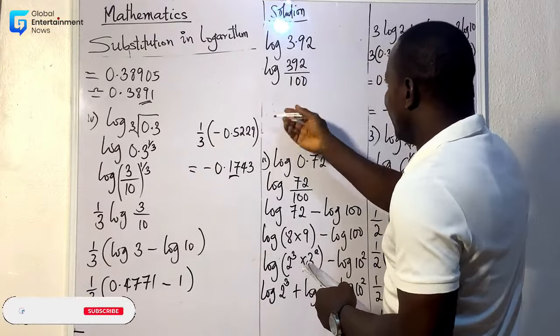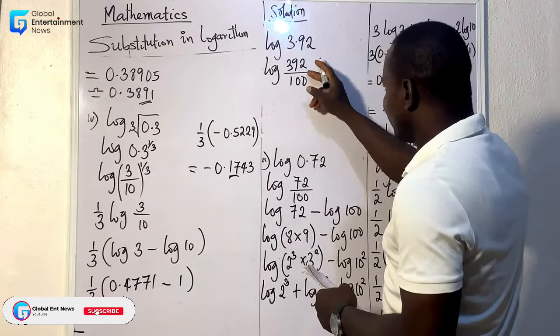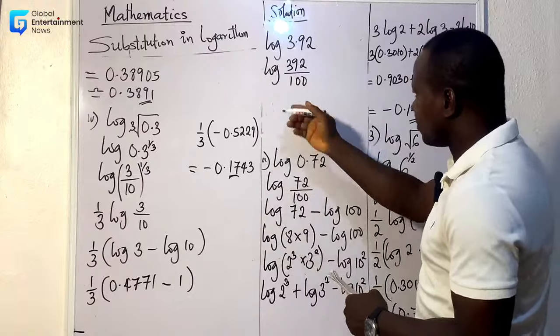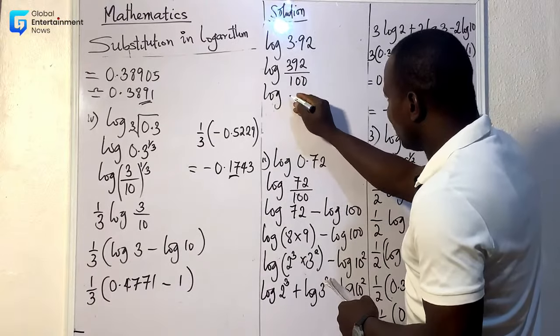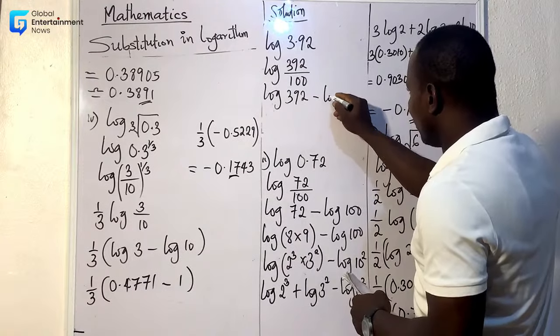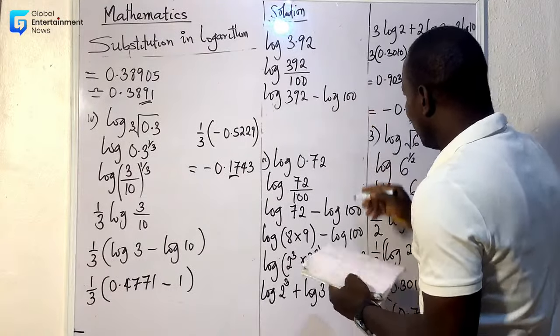So what do we do here? Let's segregate it. What we have here is division, so it's going to change to minus. So what we have here is log 392 minus log 100.